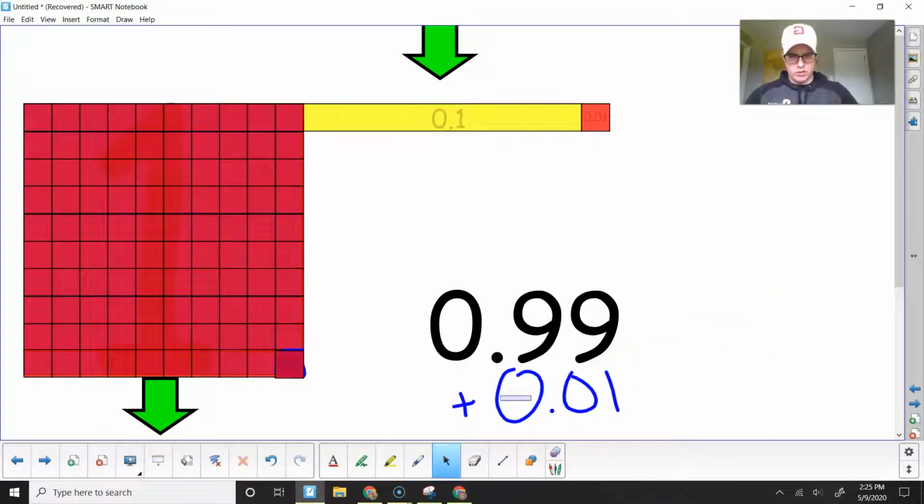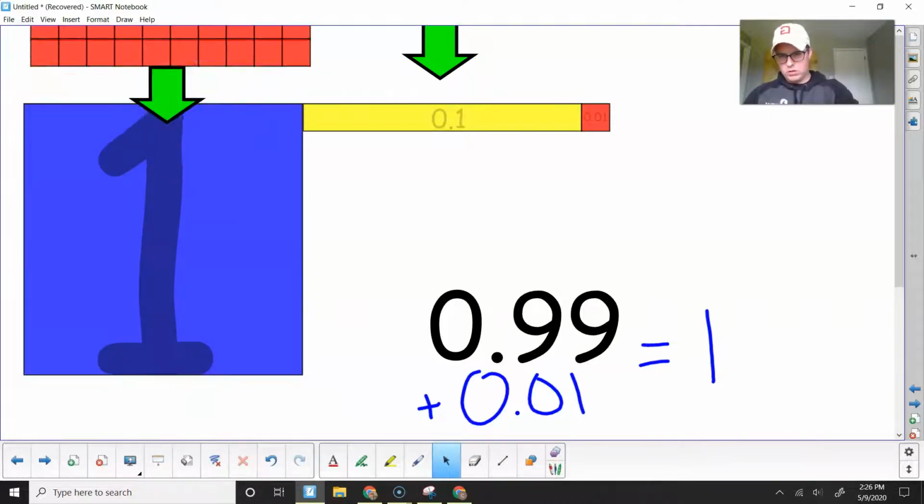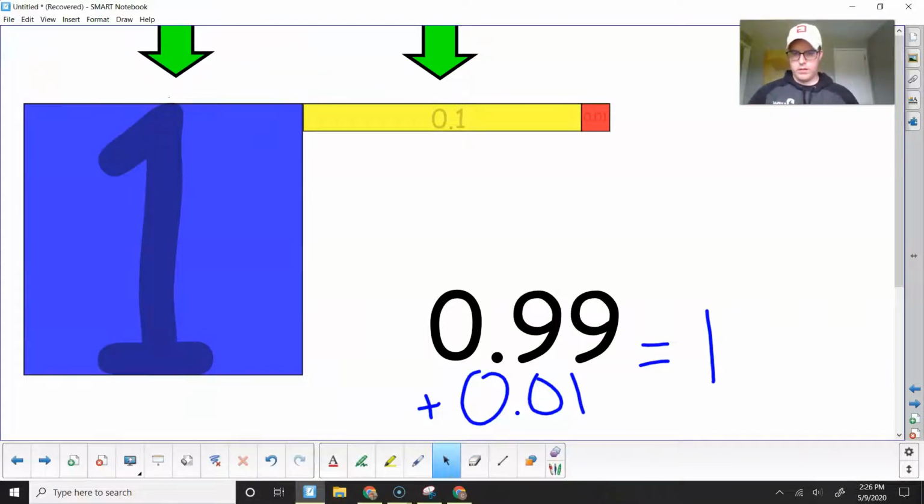You add one more to it, guess what? You're now at 100 hundredths, which equals 1. You have 1 whole square.